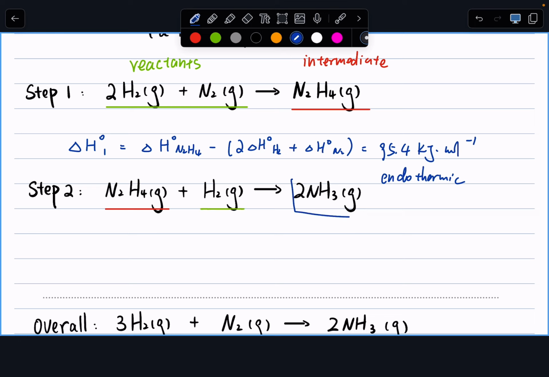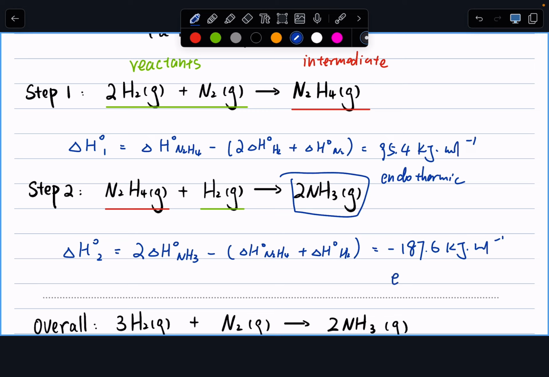We can write the delta H naught for our second reaction to be 2 times delta H naught of NH3, the product, minus the reactants, delta H naught of N2H4 plus delta H naught of H2. You can check the table to find that delta H for the second step is 187.6 kilojoule per mole, and this one is exothermic.